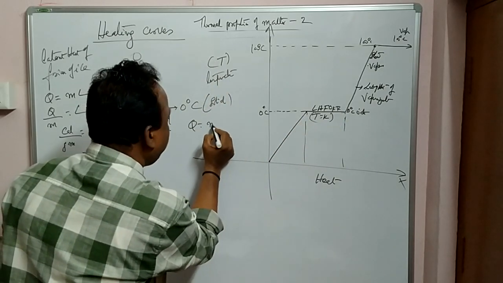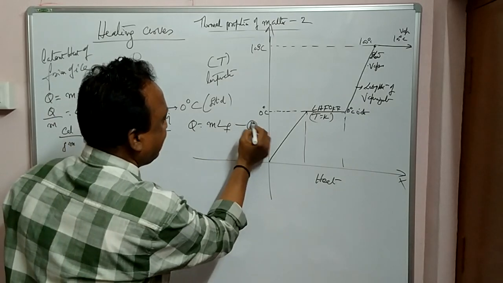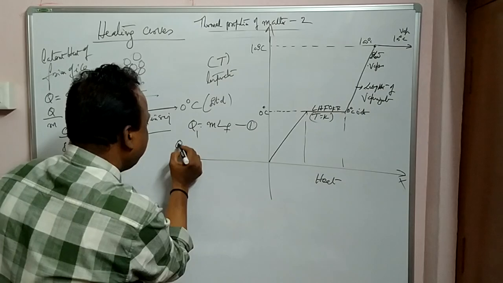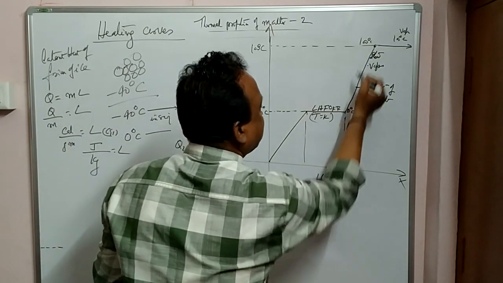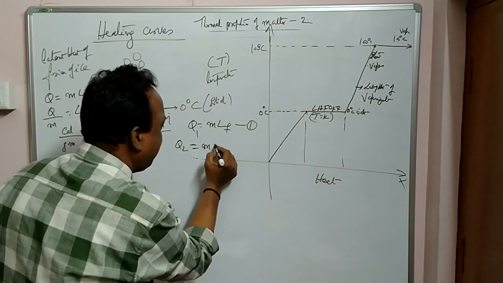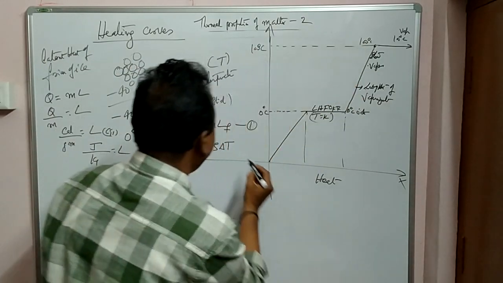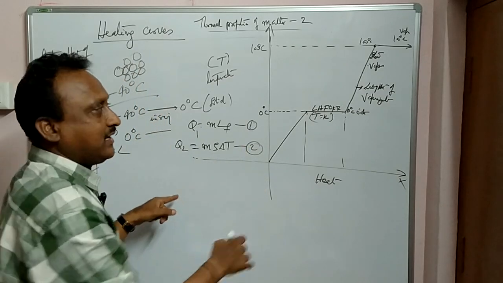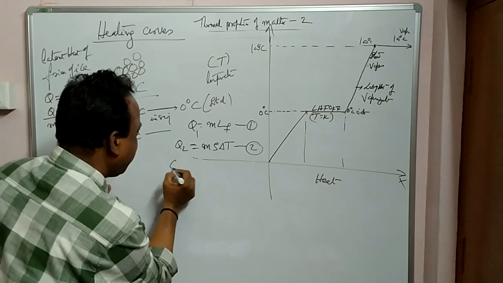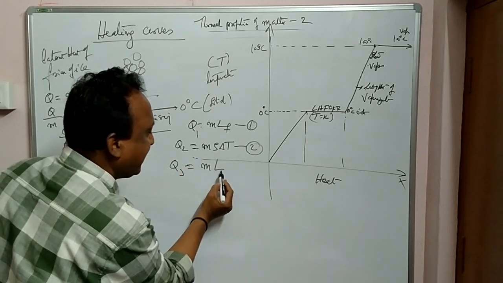Q is equal to mL, latent heat of fusion of ice, that is Q1, the first stage. Then from here the temperature rises again, Q2, from 0 to 100 degrees, Q is equal to m s delta T, equation 2. Next, from 100 degrees boiling to 100 degrees vapor, again Q3, Q is equal to m into L. What is L here?